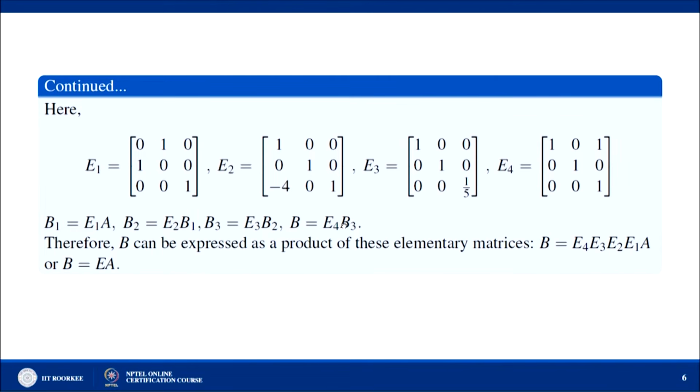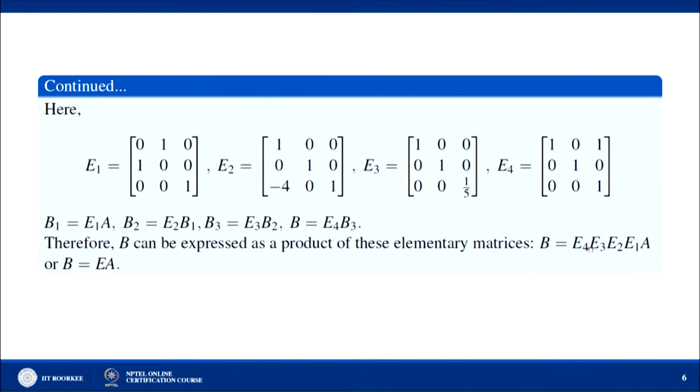Now, if you substitute B3 here, this is E3 into B2. Then you replace B2 by E2 into B1 and then B1 by E1 into A. So, finally we have obtained B equals E4, E3, E2, E1 into A.